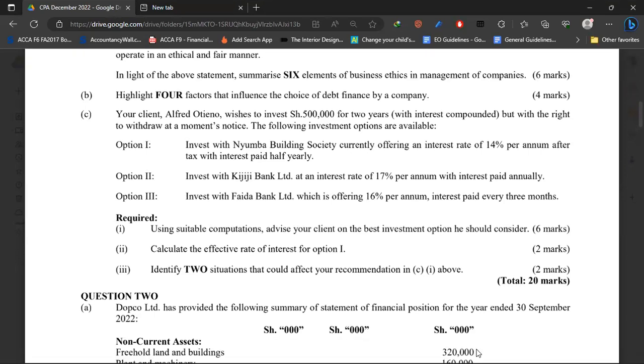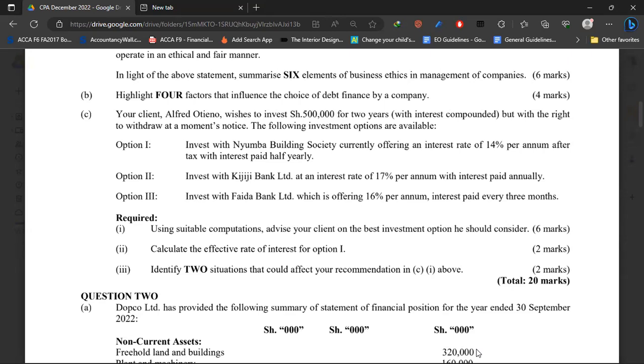Your client, Alfred Otieno, wishes to invest 500,000 for 2 years with interest compounded, but with the right to withdraw at a moment's notice. The following investment options are available. Option 1, invest with Nyumba Building Society, currently offering an interest rate of 14% per annum after tax with interest paid half yearly.